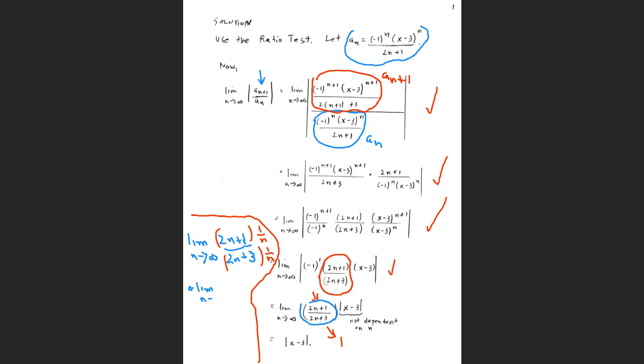But if you do it algebraically, which I'm showing on the left here, you can very clearly see, by rewriting the fraction, that as n goes to infinity, the limit of 2n plus 1 over 2n plus 3 does equal 1.